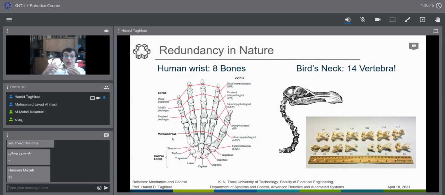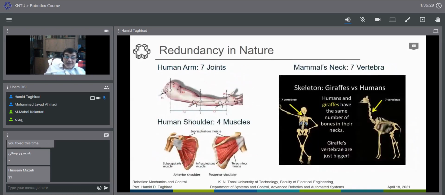So you need more than 7 or 6 degrees of freedom. Even for 6 degrees of freedom, the God has designed a 7 degree of freedom structure, and everything you can see here or here or here.